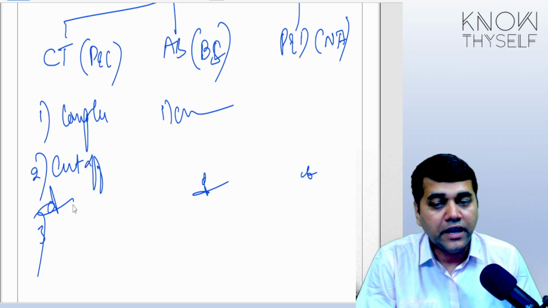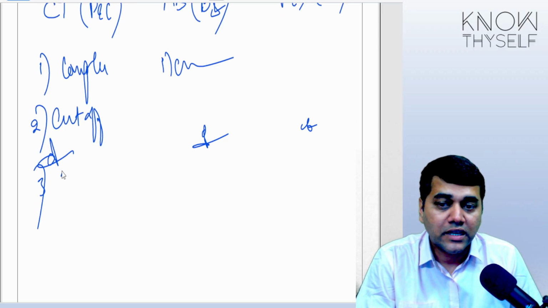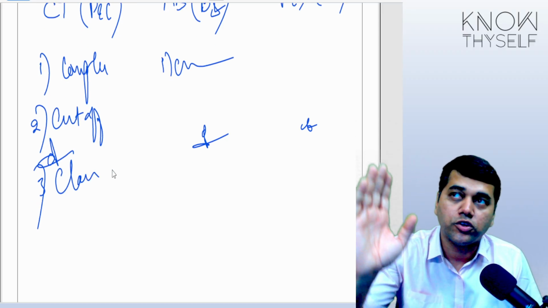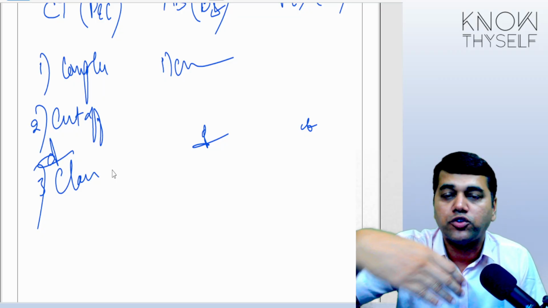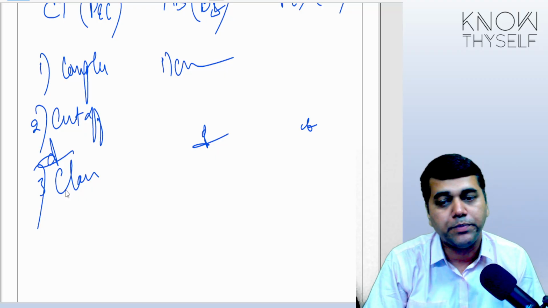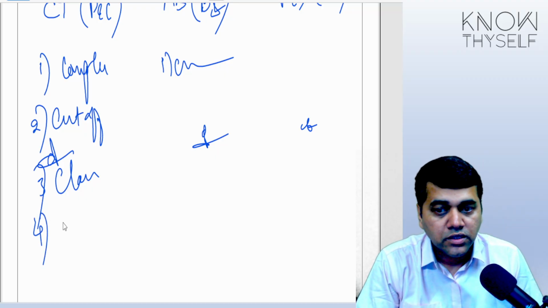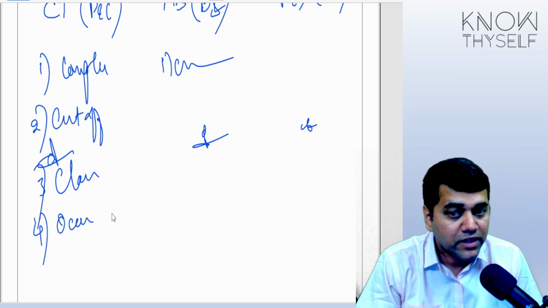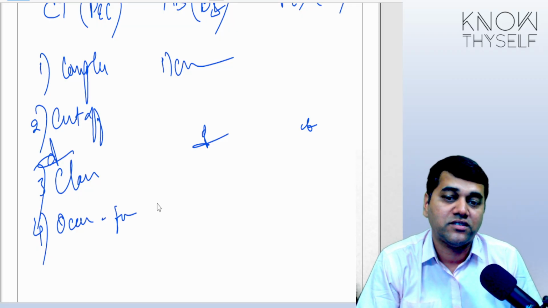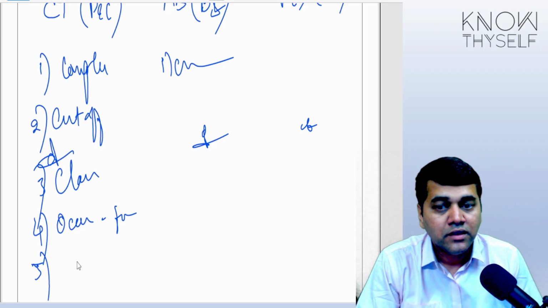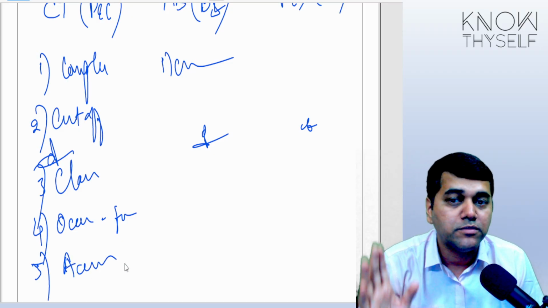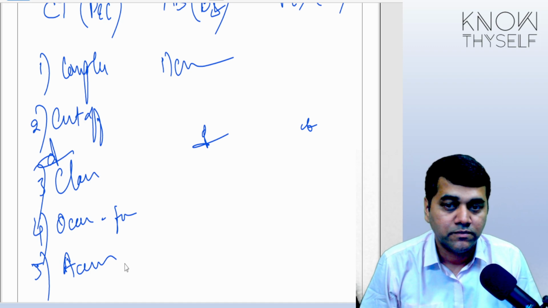Third, classification is properly done. That means what should have been capitalized has been capitalized, and what should not have been capitalized has been charged to P&L. Fourth, the transactions which we have done have occurred. They are not fictitious. And the fifth one, the transactions are measured accurately. There are no calculation mistakes.